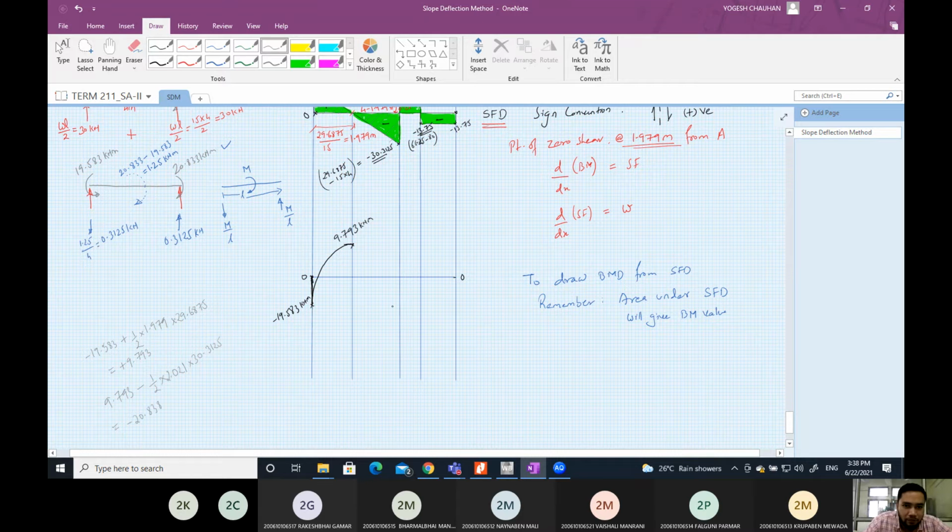So the bending moment here will be minus 20.838 kilonewton meter. Now again the slope is minimum here and maximum here. So the tangent to the curve here will be horizontal, and the tangent to the curve here will be vertical. You draw a curve tangent to these two tangents.